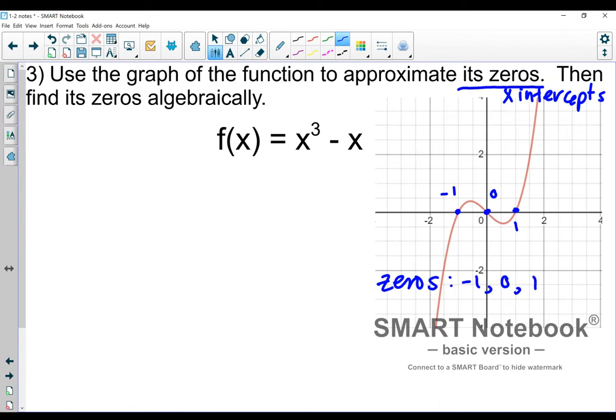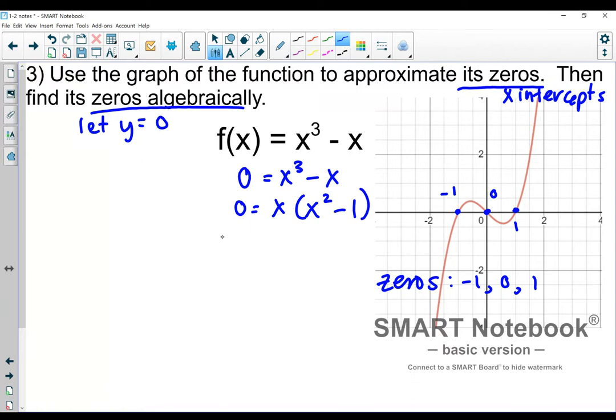Then if I'm going to find them algebraically, to find a y-intercept, I let x equal 0. To find an x-intercept, I need to let y equal 0. So I'm going to put a 0 in for my f of x. F of x is the same thing as y, and I have to solve. First I'm going to factor out an x.